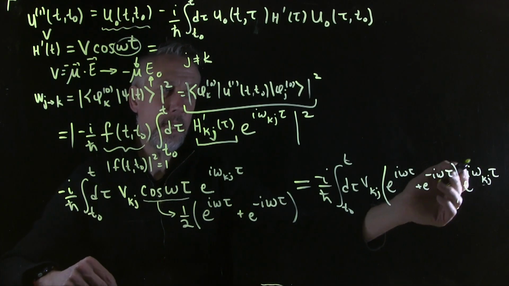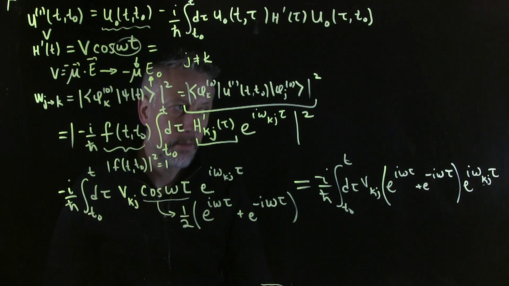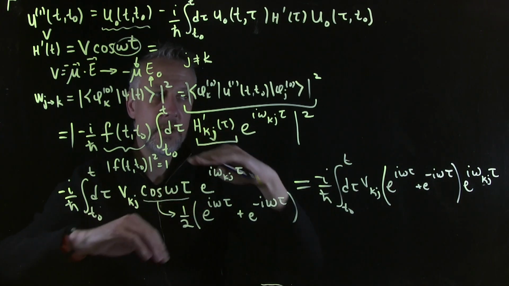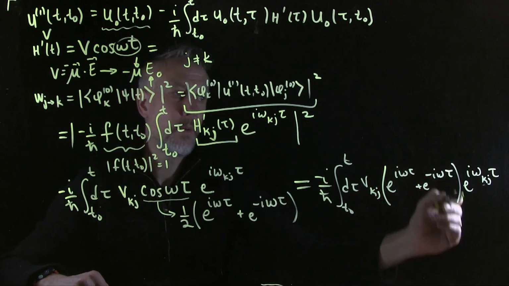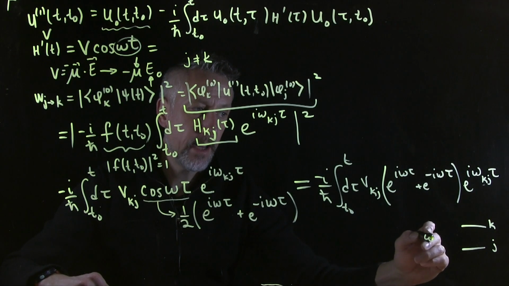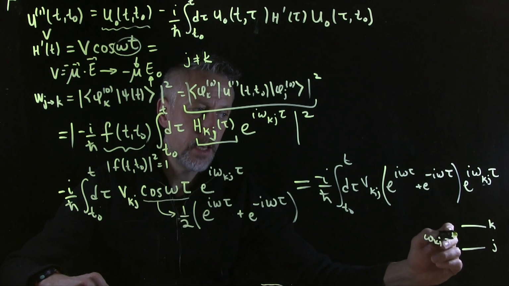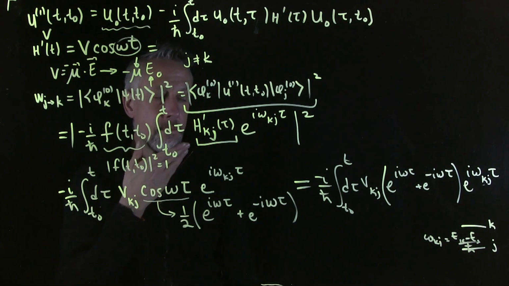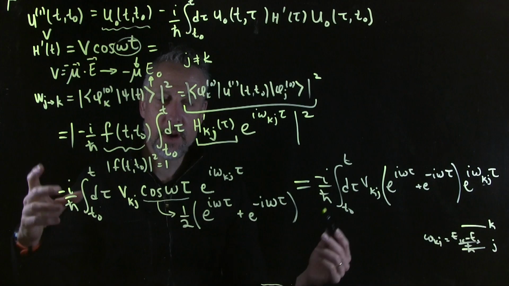Remember, omega_kj is not a variable; it's a parameter. This is telling us about energy level spacings between the levels that we have. If this is energy k and this is energy j, then omega_kj is just equal to E_k minus E_j divided by h bar. That's fixed by Mother Nature.